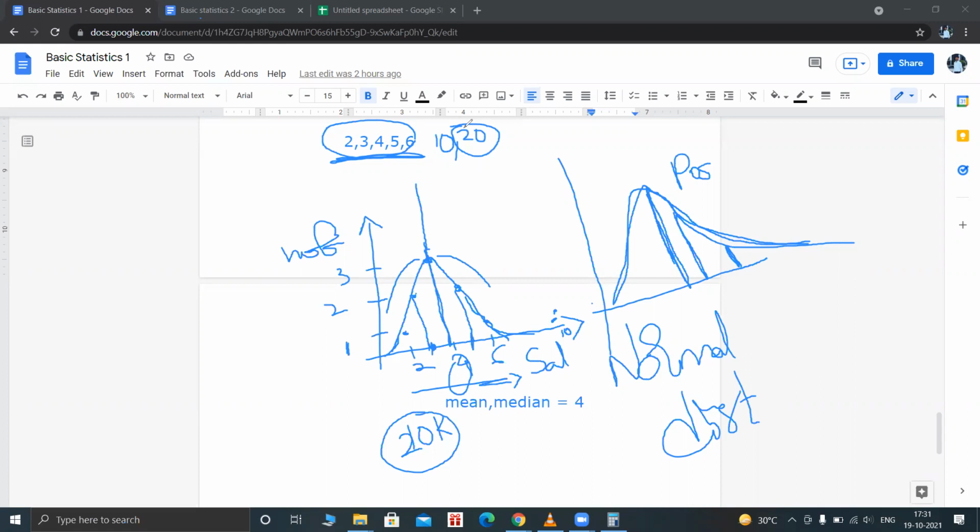Earlier the mean was 4, but if you add 20, it got shifted to somewhere else like 7 or 8. So this is what is called a positive skewed distribution.